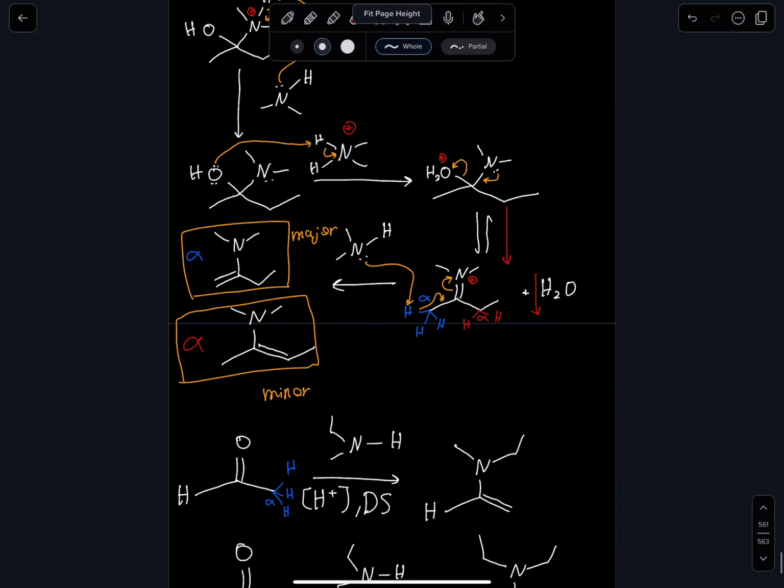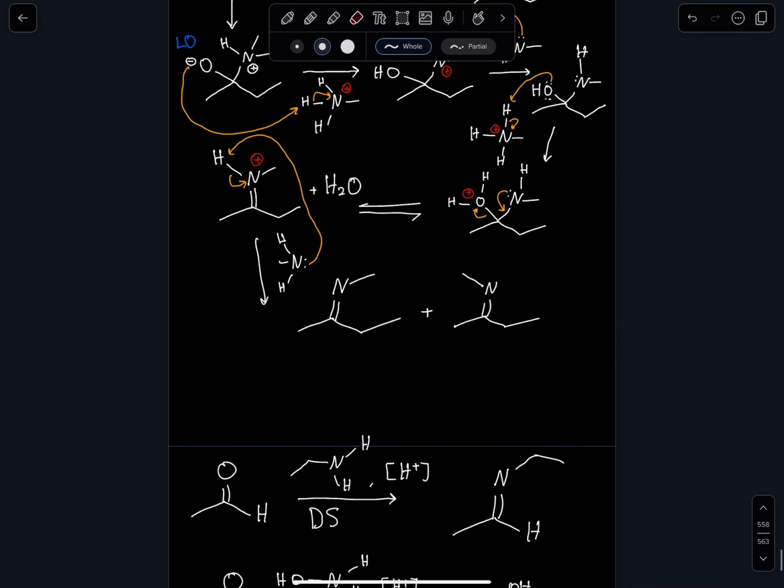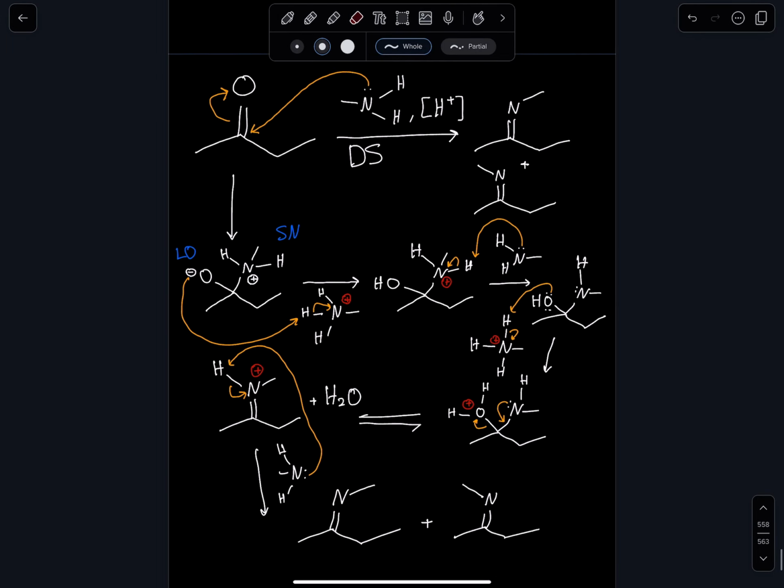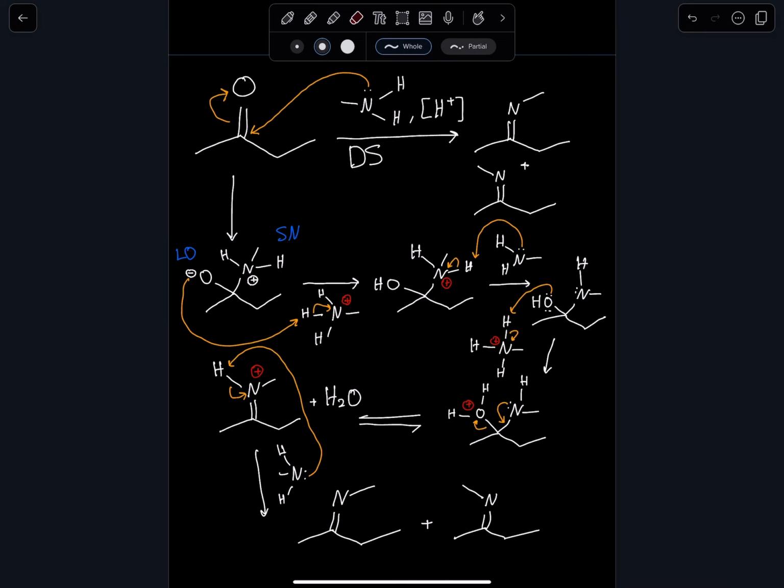And again, let me go over those principles again with you. So let's begin here. This principle applies to both reactions. When you have a nitrogen nucleophile, like a primary or secondary amine, you don't need to protonate the ketone first.